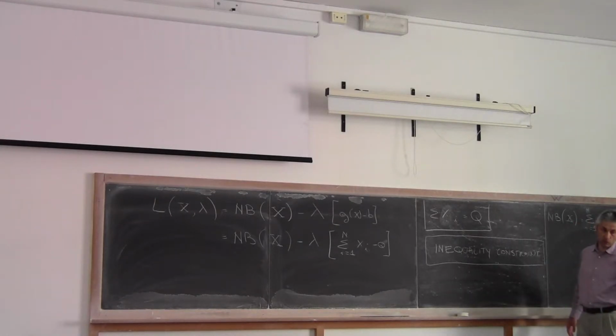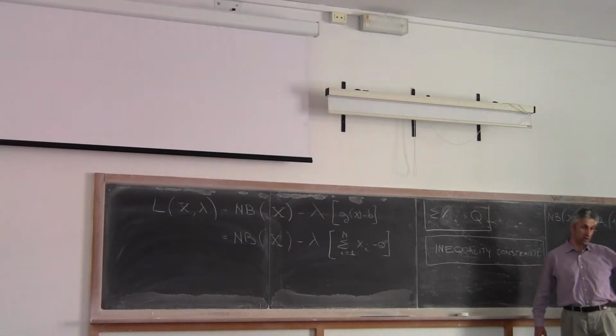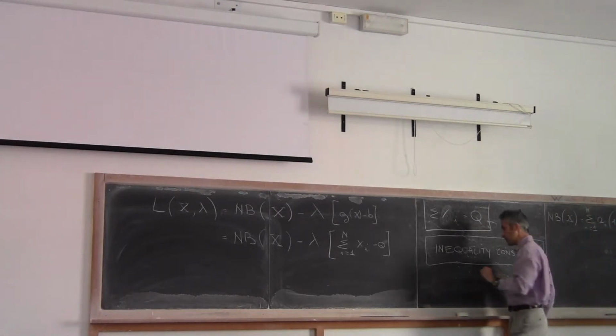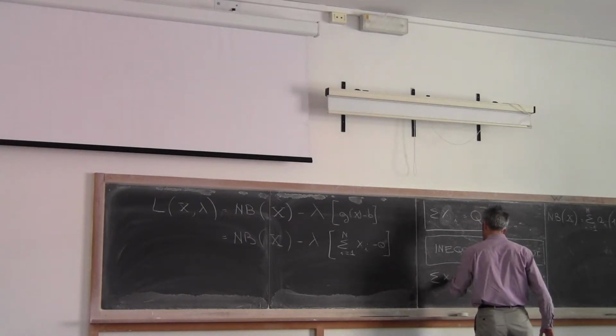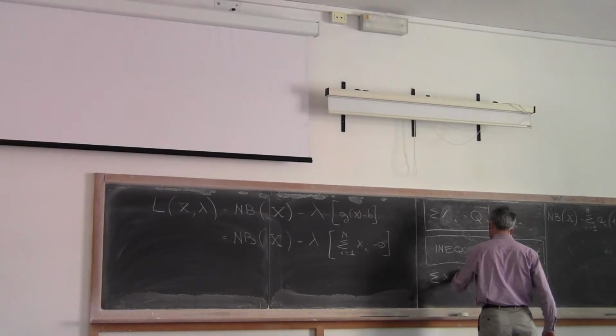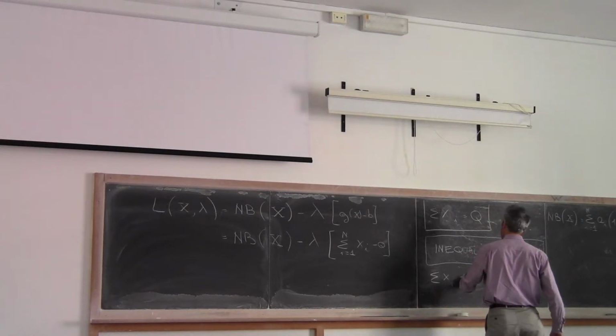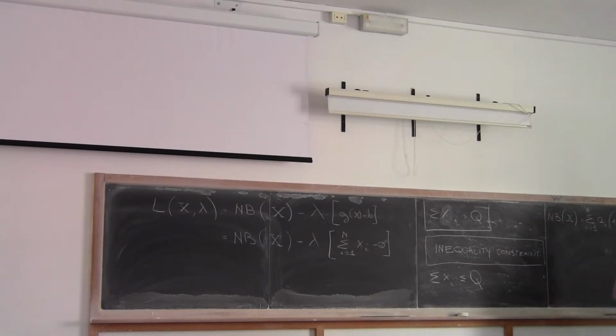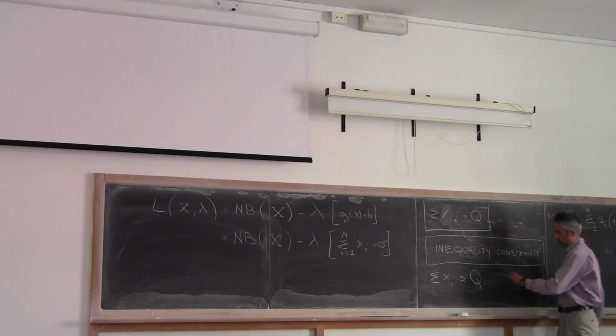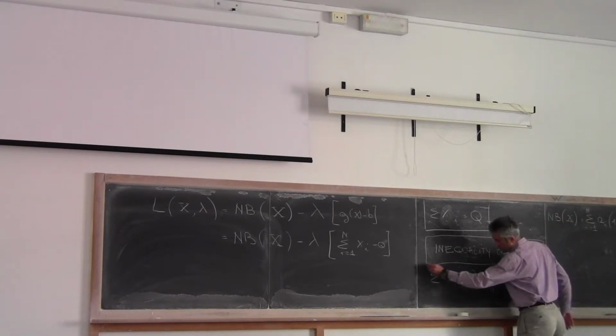What do I mean when I say an inequality constraint? An inequality constraint, for instance, is expressed in the form: the sum of the Xi should be less than or equal to Q. And this is a kind of constraint that is typical in water resources management.